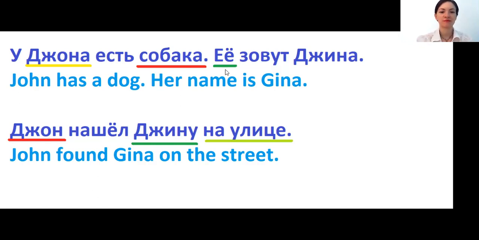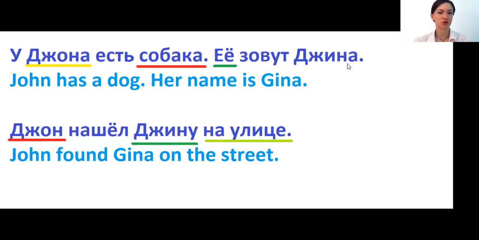Next one. Ее зовут Джина. Very interesting, but easy, but still very interesting sentence. Ее is accusative. It's a very rude mistake to say here она зовут Джина.